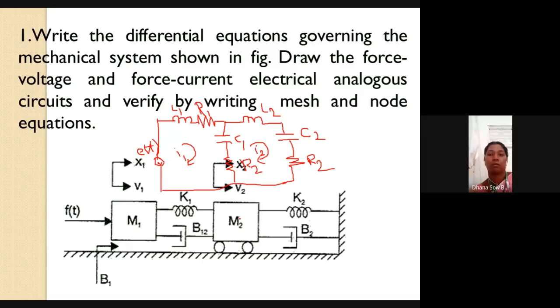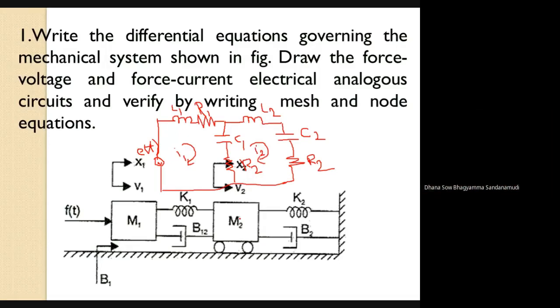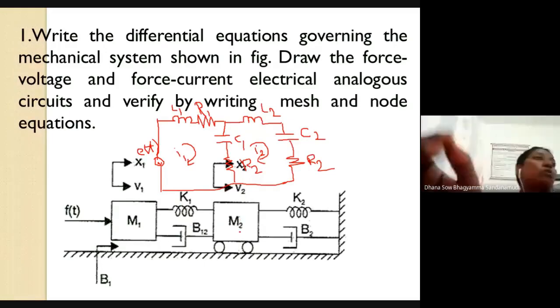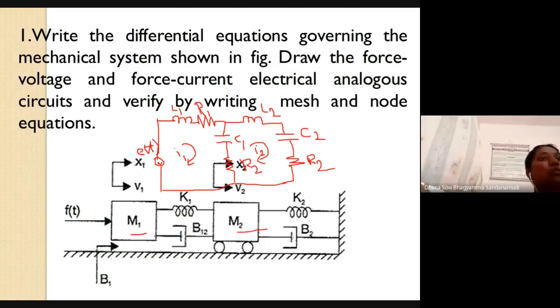And if you observe, in between these two nodes M1 and M2, K1 and B12 are there. So in between these two loops, C1 and R2 will be there.